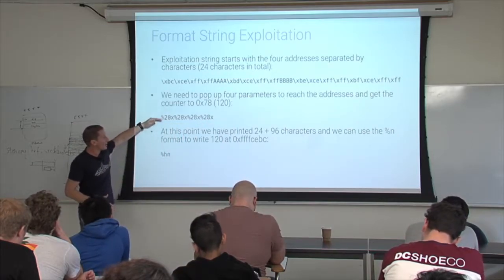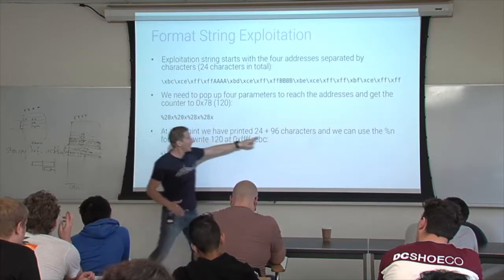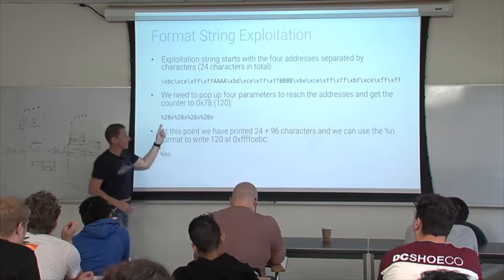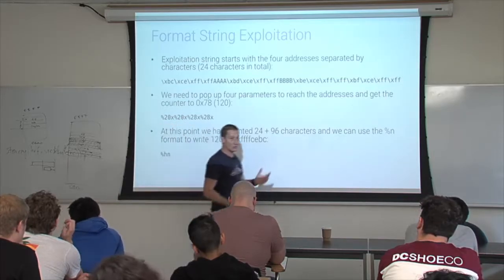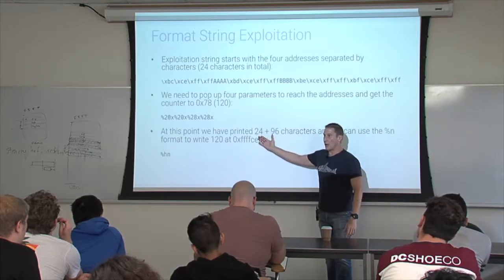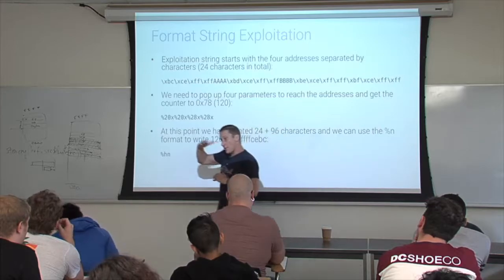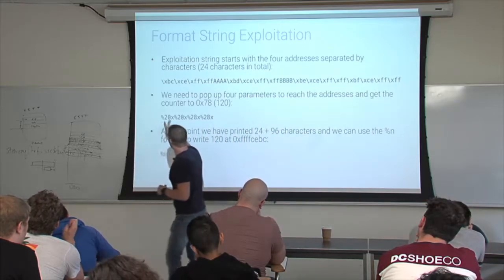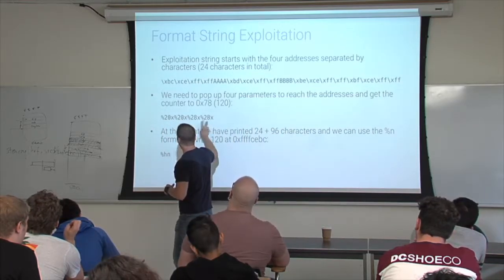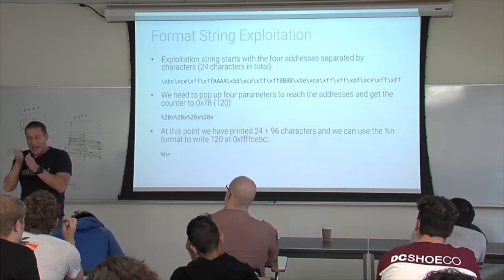And at this point, we have printed 24 characters of this, plus an additional 96 here, so in total 120. So at this point, we pop everything we care about from the stack, and thanks to these little spacers here, we have reached exactly 120 characters printed out.